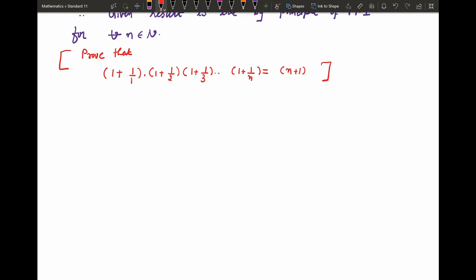You suppose the result is true for n equal to k. Assuming P of k, you prove the result is true for n equal to k plus 1. So P of k implies P of k plus 1. Then the given result will be true for all small n belongs to capital N. So by the same method you can prove this result.